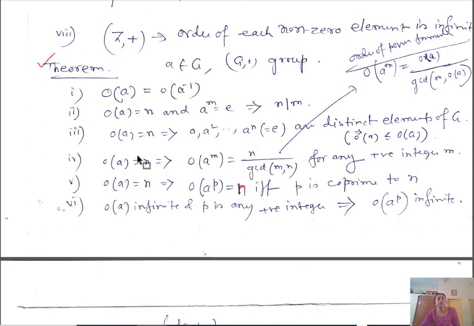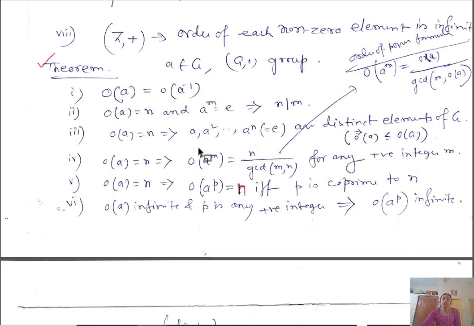If the order of a equals n, then what will be the order of a to the power m? The order of a to the power m will be equal to the order of a divided by GCD of m comma order of a, for any positive integer m. So the order of a to the power m is n divided by GCD of m comma n.